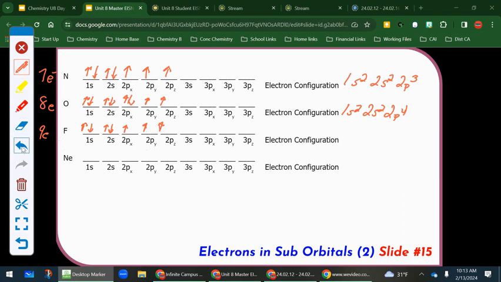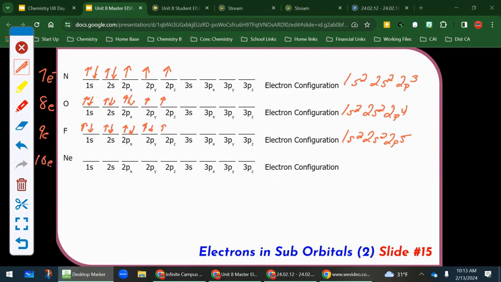Fluorine, 9 electrons. 1, 2, 3, 4, 5, 6, 7, 8. Where's number 9 go? I don't care if you put it in 2py or 2pz. Doesn't matter. Just got to be singly first. Configuration. 2p5.